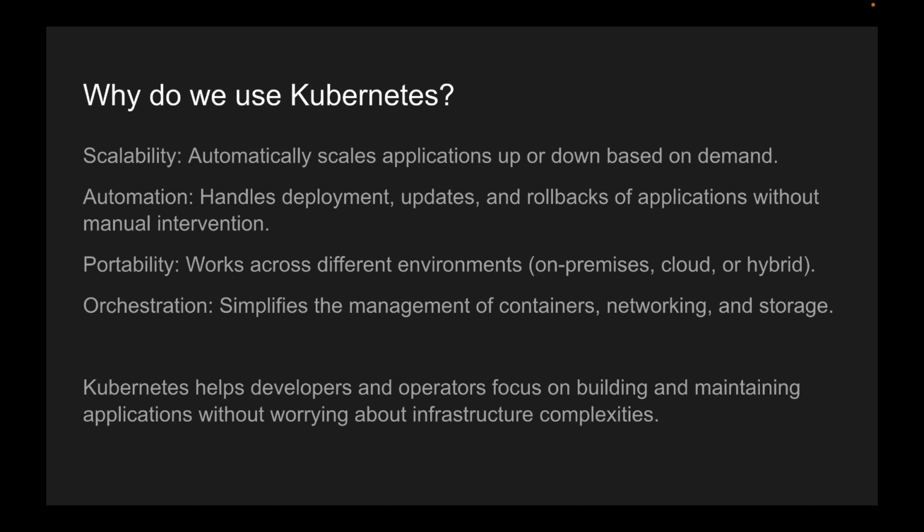Kubernetes is mainly used for scalability. Kubernetes automatically scales up and scales down our application based on demand. So Kubernetes can scale our application up or down as the traffic of users changes.